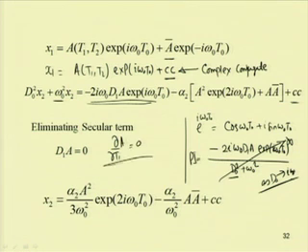This shows that a is a constant and not a function of t 1. We have already seen that a is not a function of t 0, and now from this equation also a is not a function of t 1.